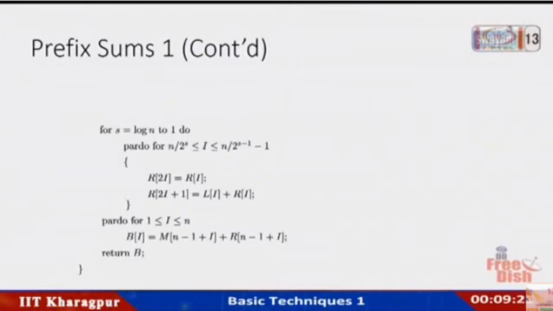So at this point, all the leaves have collected the values that must be added to their original values. That is what is done in the final step. For every leaf in parallel, the middle value and the right value are added together. The middle value is the original value and the right value is the value which it got from the parent, and then the array is returned.